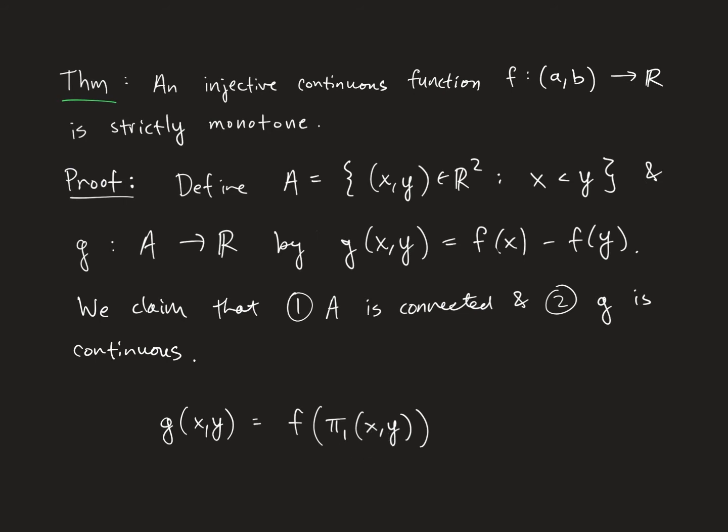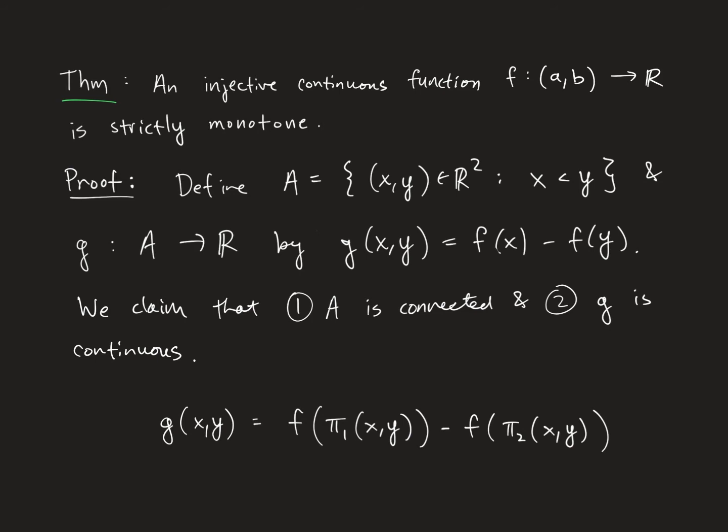And the claim is that that function is continuous, then minus f of the projection onto the second coordinate. So if these pi functions are continuous, then compositions are continuous and the difference is going to be continuous. So that would show that g is a continuous function.